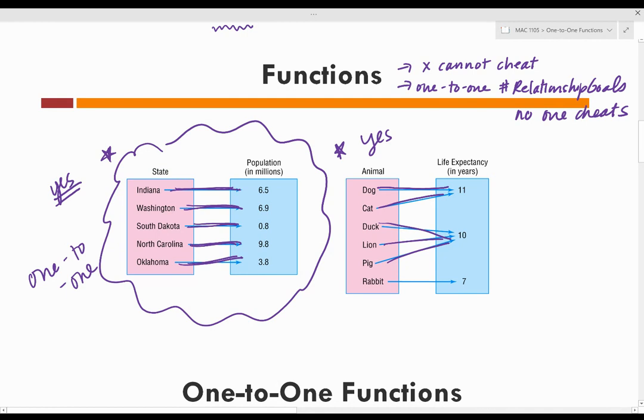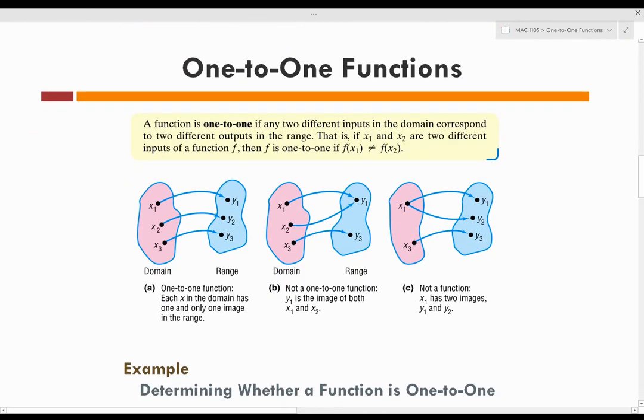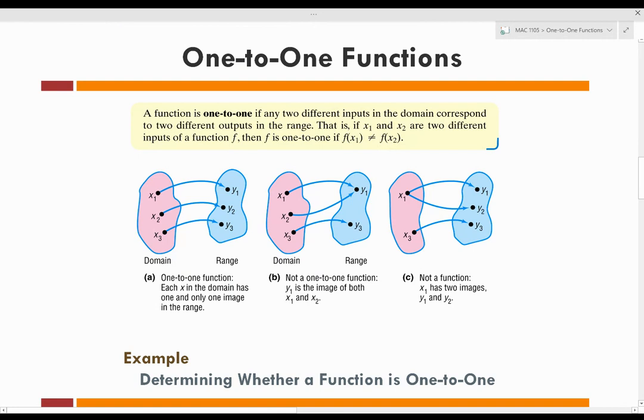So no one cheats. So our formal definition of a one-to-one function says, a function is one-to-one if any two different inputs in the domain correspond to two different outputs in the range. That is, if x1 and x2 are two different inputs of a function f, then f is one-to-one if f of x1 does not equal f of x2, okay?